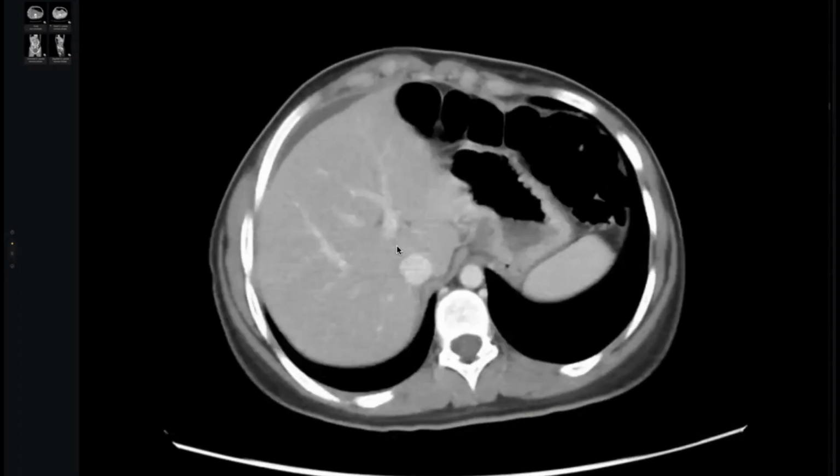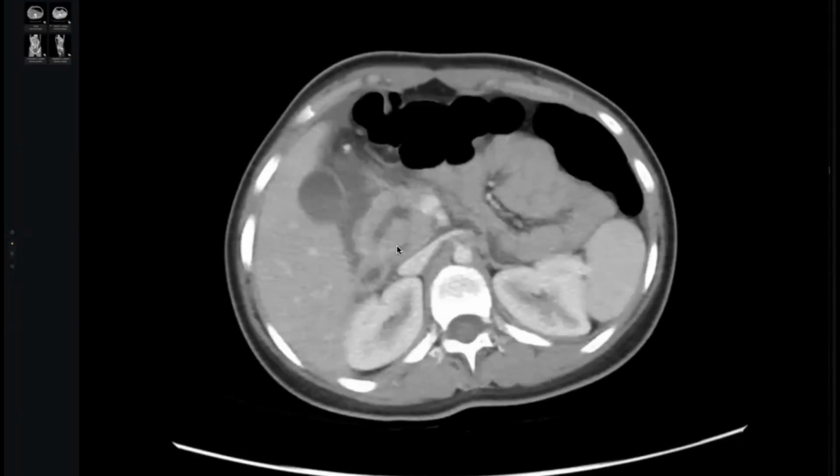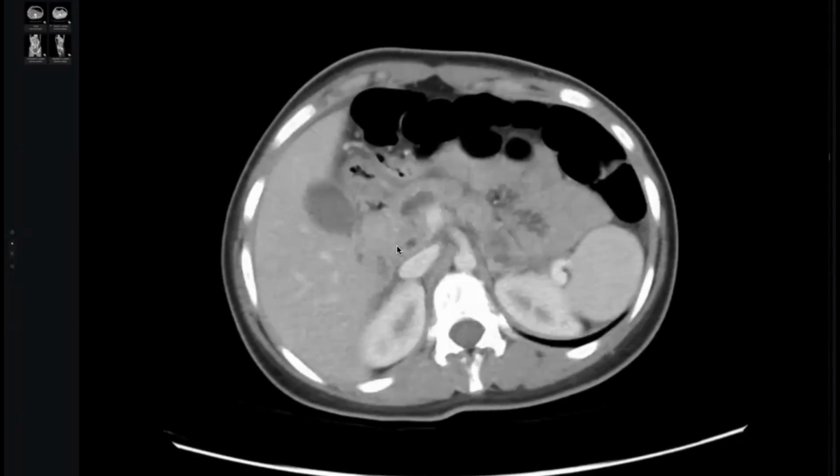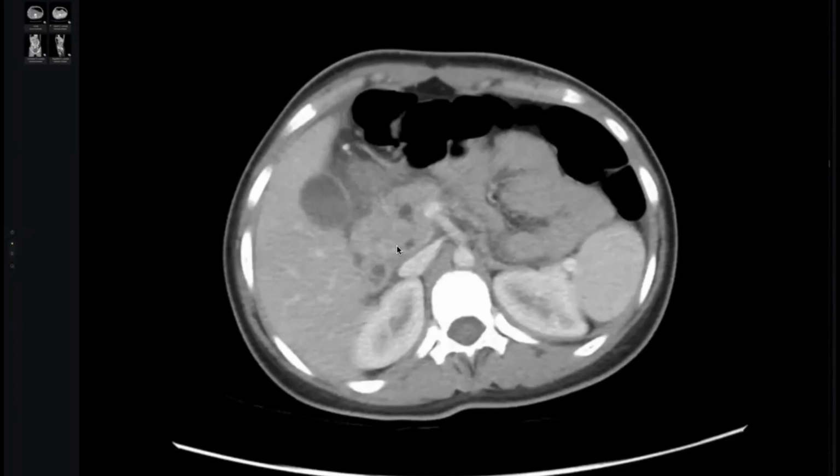So it was a case of pancreatic divisum. How to retain it in mind? See here, this couple of ducts is divorced. Divorced means pancreatic divisum. D with D.